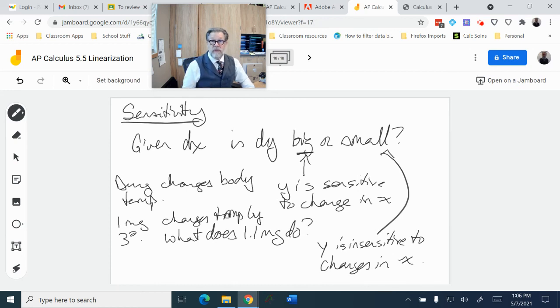A sensitive reaction would mean that a change, a dx of 0.1, would give us a large temperature increase, which means we need to be very careful with our dosages. An insensitive relationship would say that a change of 0.1 in the drug dosage doesn't really change the temperature at all, which means that we don't need to worry too much about how close to 1 milligram our drug doses actually are. So there's an example of sensitivity.